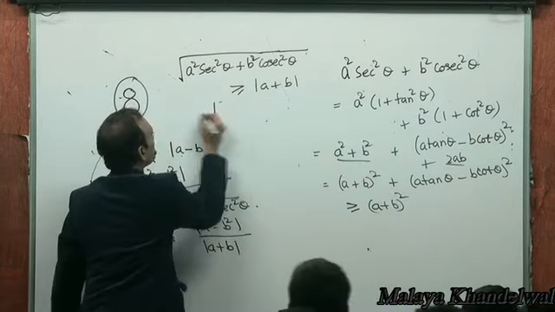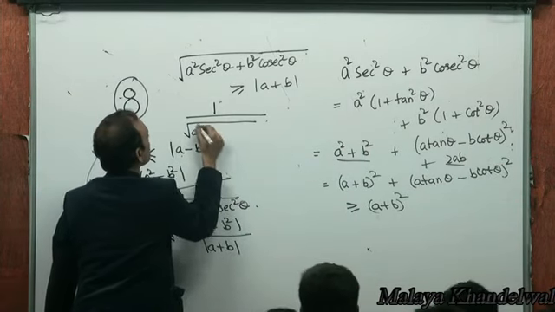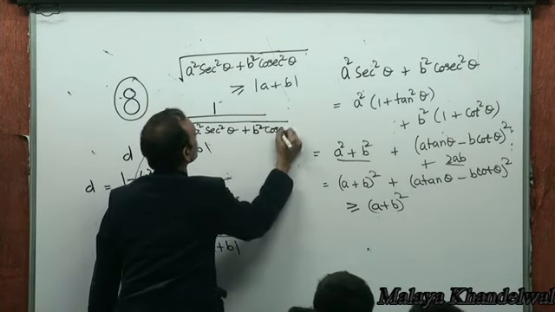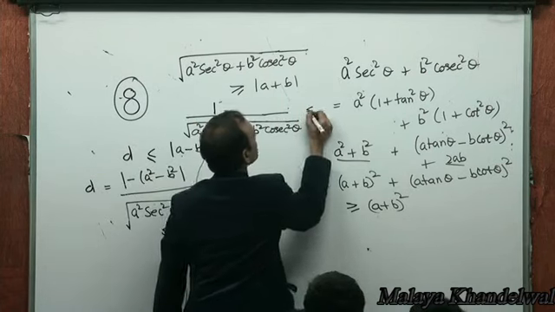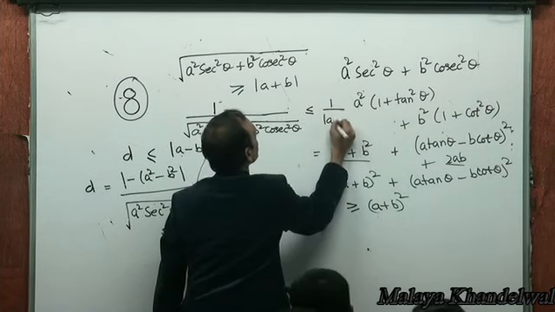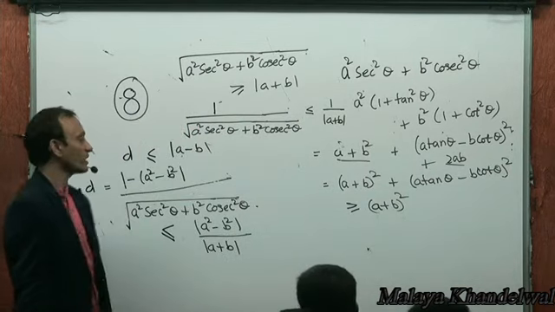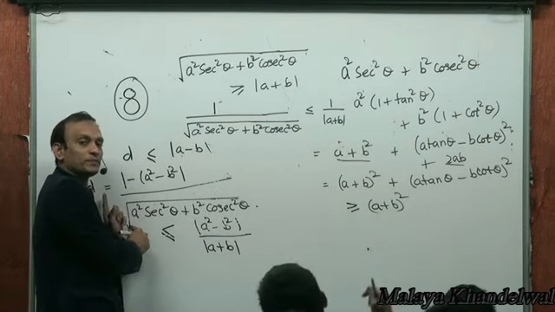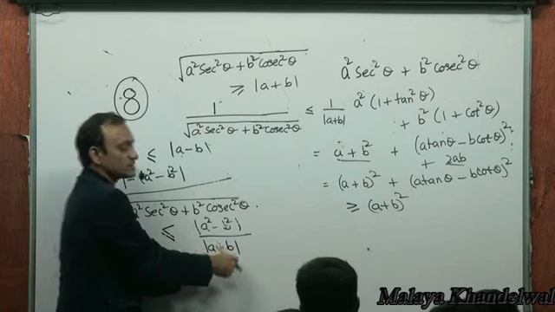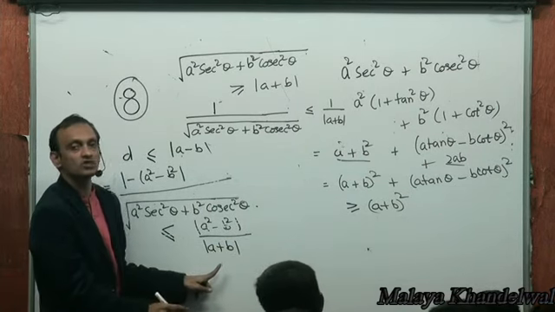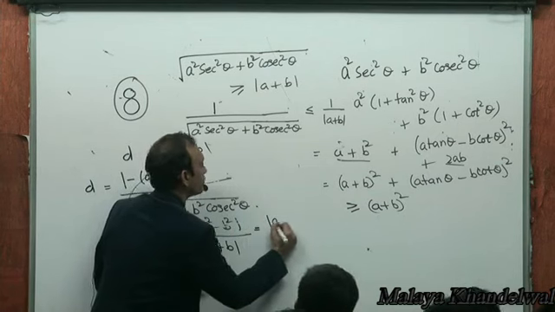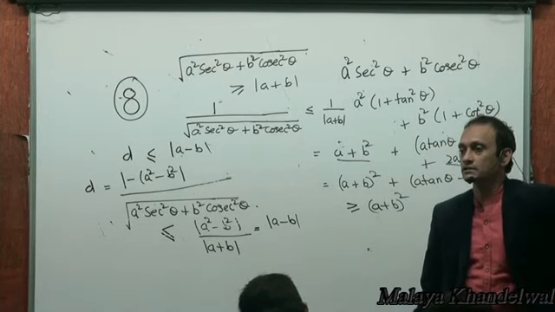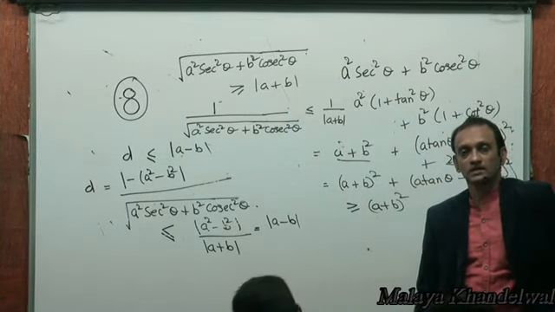So 1 by root of a square sec square theta plus b squared cosec square theta would be less than or equal to 1 by mod of a plus b. Yes or no? So this whole thing is less than or equal to mod of this by this. Yes or no? Are you still lost? No? So which is very clearly mod of a minus b, the difference between the two semi-axes. Right?